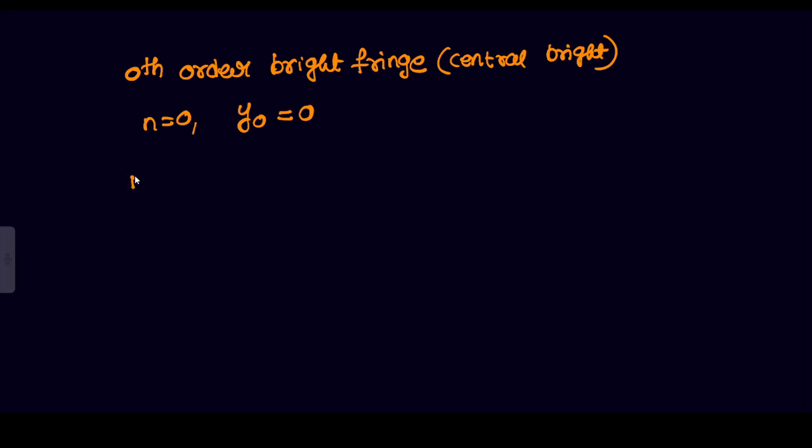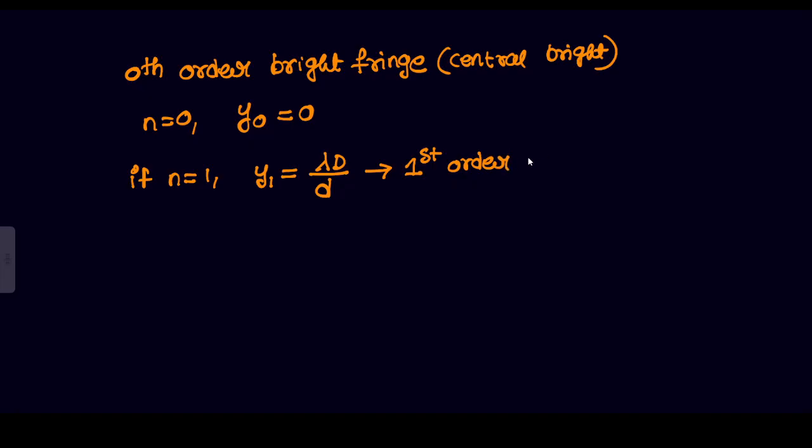Next, if n value is 1, then y1 is lambda capital D by small d, and this is called the first order bright.